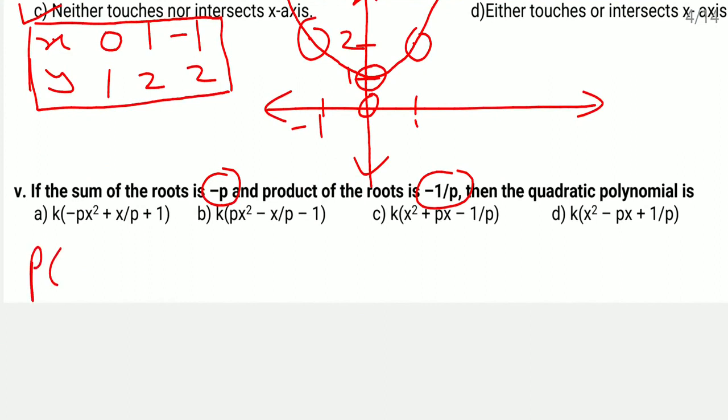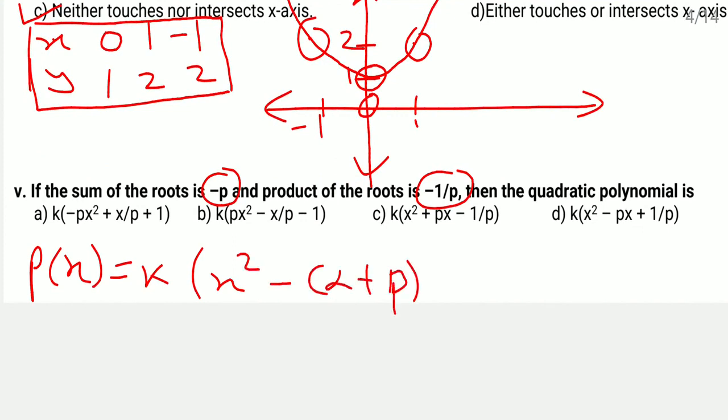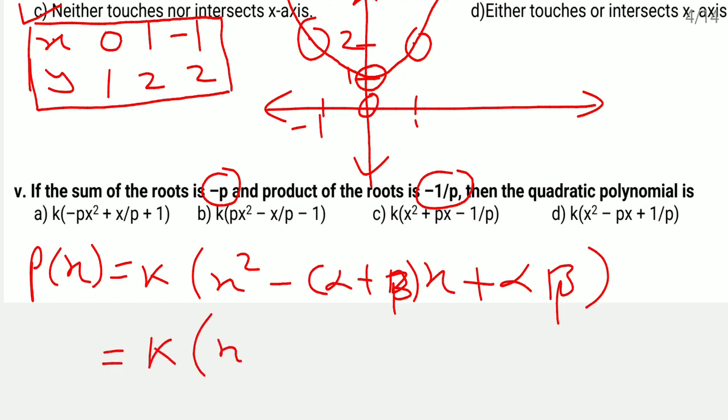So the format of the polynomial is k times x square minus alpha plus beta into x and here plus alpha beta. This is the standard format of a quadratic polynomial. So k as it is, x square minus the sum of the roots, which is given as minus p.